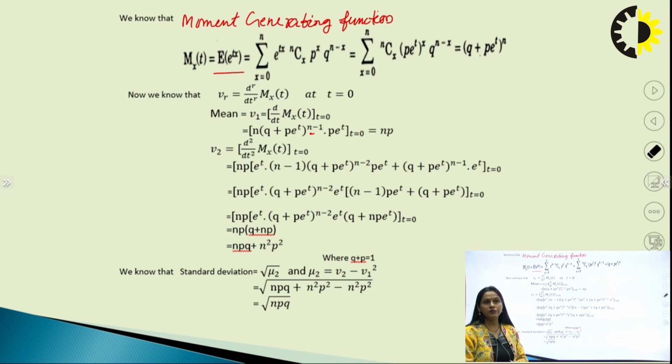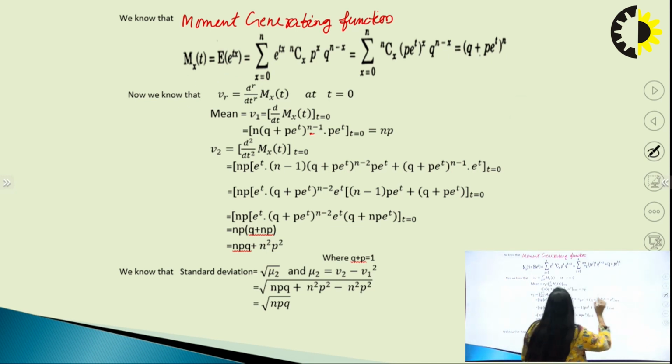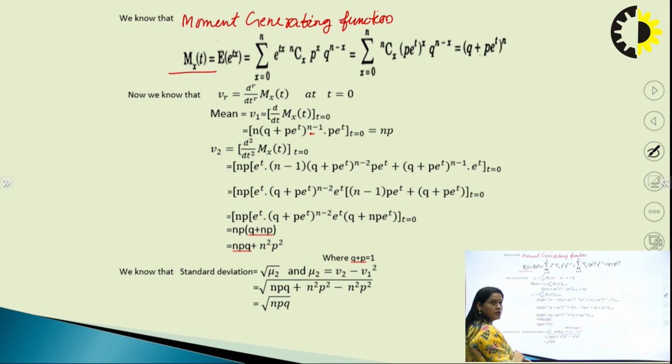The moment generating function of any function is denoted by M_X(t), and the formula is summation 0 to n of e to the power tx into the function itself. Here I have written nCx p to the power x q to the power n minus x, because the function is the binomial distribution, for which we are calculating the moment generating function.